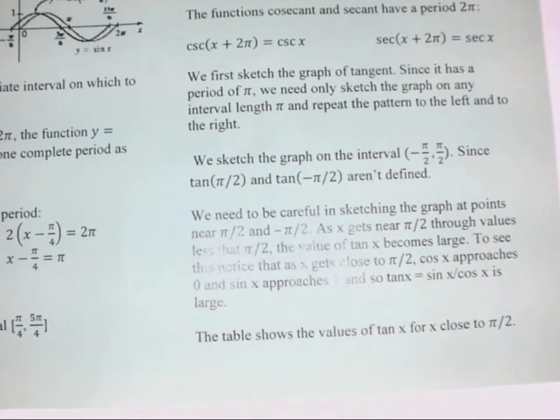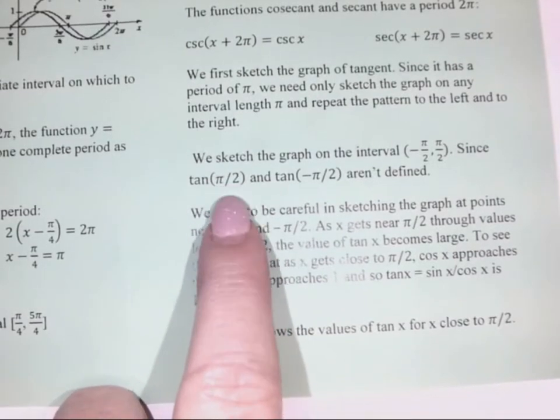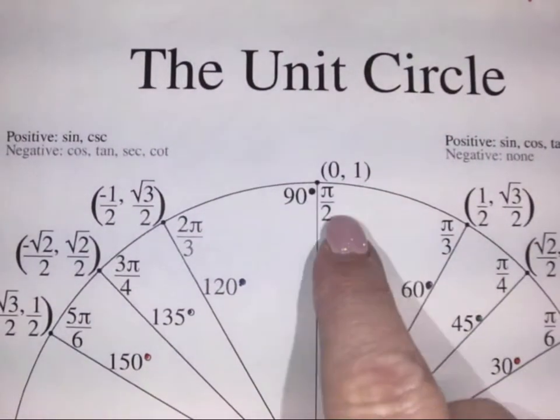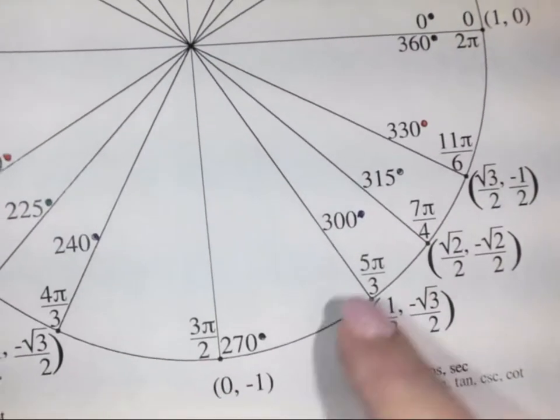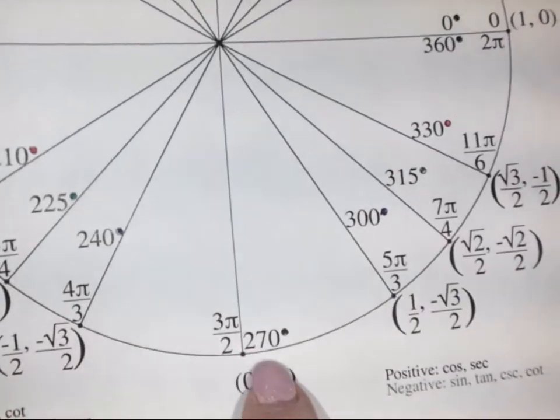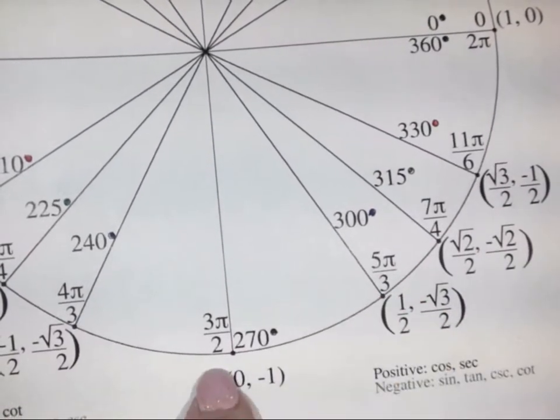So let's talk about that. Tangent, remember, is sine over cosine. And anytime we divide by 0, it's going to be undefined. So where is our function undefined? Well, cosine is equal to 0 at pi over 2. And if we came down here to negative pi over 2, because 3 pi over 2 would be the same, but we're going this way to pi over 2.